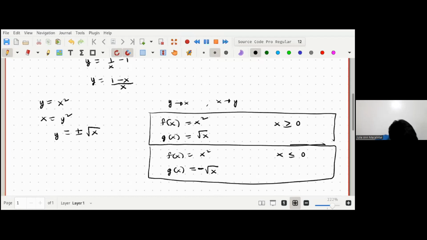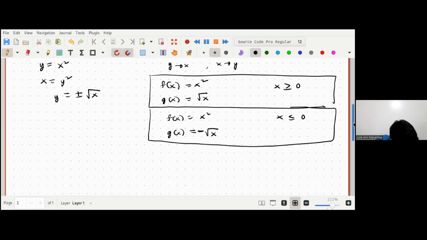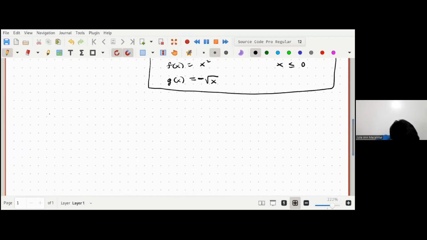Okay, something more complicated. Paano kung hyperbolic sine? Paano natin kukunin yung inverse? So, x equals hyperbolic sine of y.